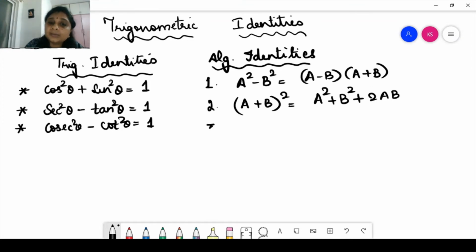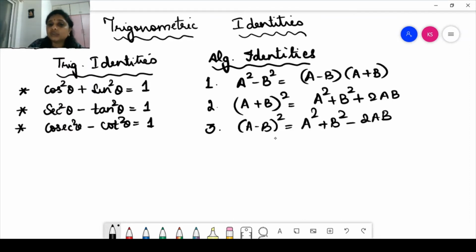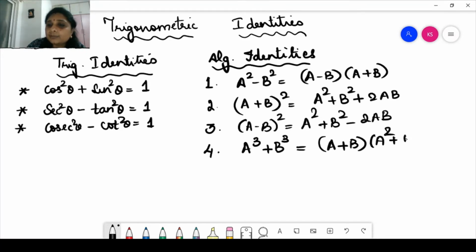Number 3, a minus b the whole square is a square plus b square minus 2ab. Again, a square minus b square is not equal to a minus b the whole square. Please remember that. The fourth one is a cube plus b cube, which is equal to a plus b into a square plus b square minus ab.